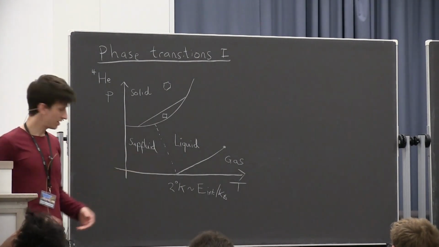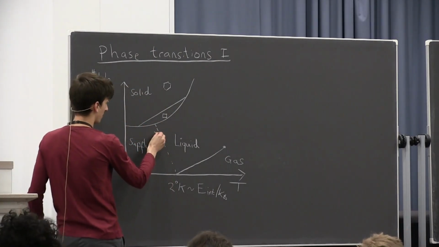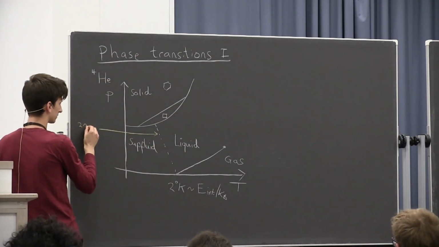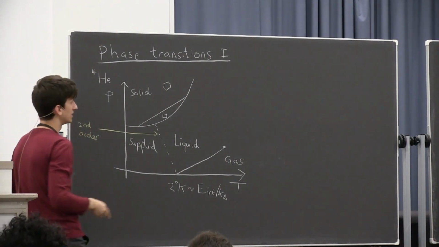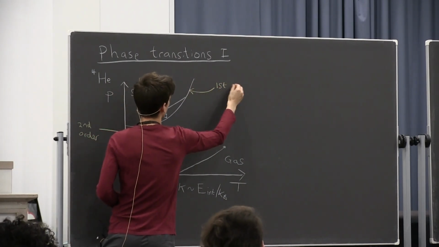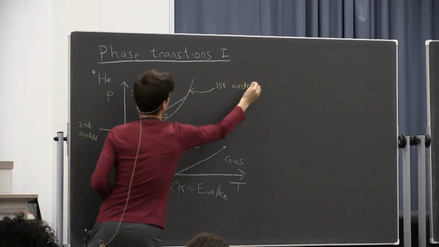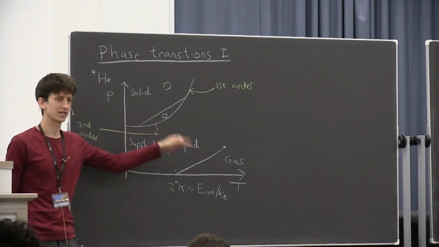This dashed line here is a line of second order phase transitions. And the full lines are lines of first order phase transitions. That is, if we change the temperature and we change the pressure to go across one of these lines, that's what happens.